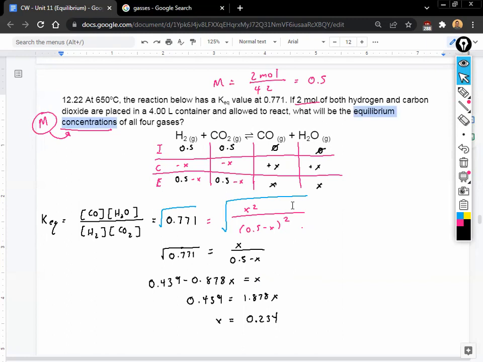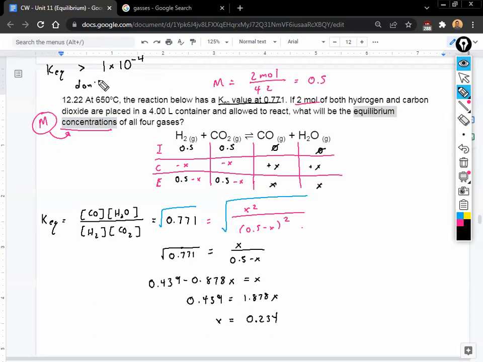So I know that this time the 5% rule did not work, but I think it's still worth a shot trying to see if the 5% rule will work or not. A little tip that I do want to give though: you notice the KEQ value is 0.771, right? I recommend not using the 5% rule. If the KEQ is bigger than 1 times 10 to the negative 4, don't use the 5% rule.